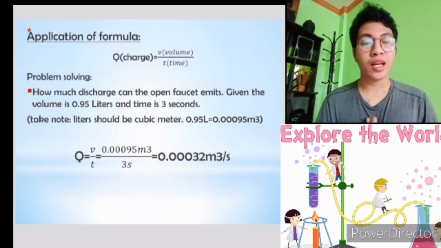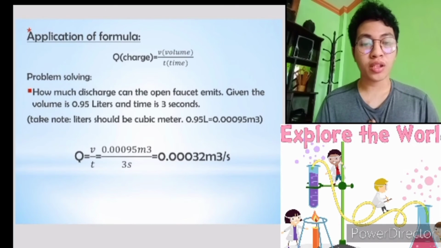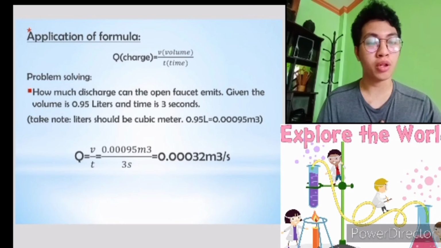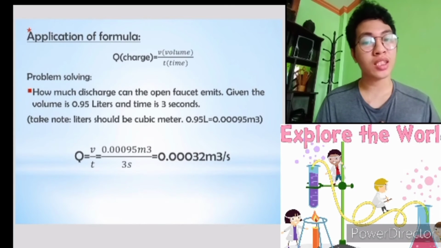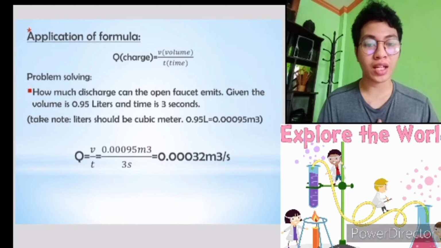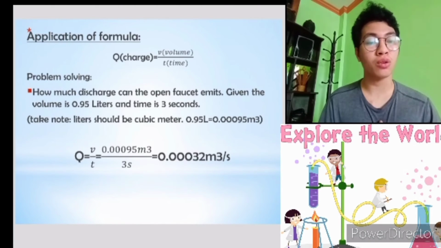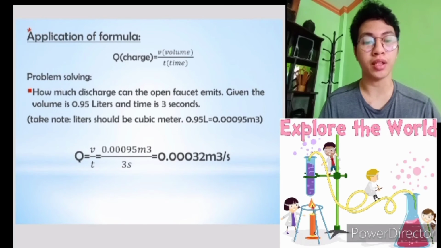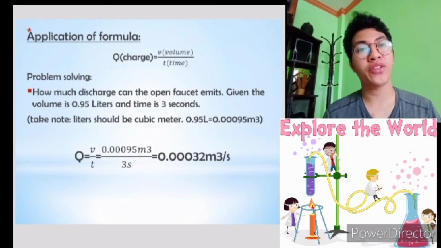We can multiply the 0.95 liters by 0.001 cubic meter in order to get 0.00095 cubic meter. Or pwede din natin siyang i-divide ng 1,000. So, 0.95 divided by 1,000 is equivalent to 0.00095 cubic meter.